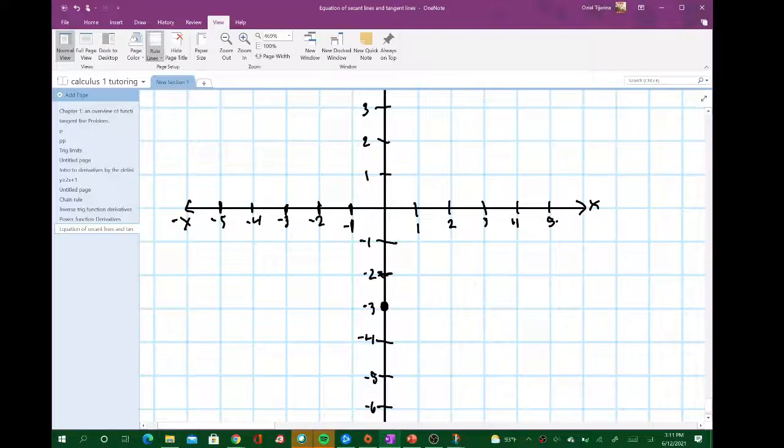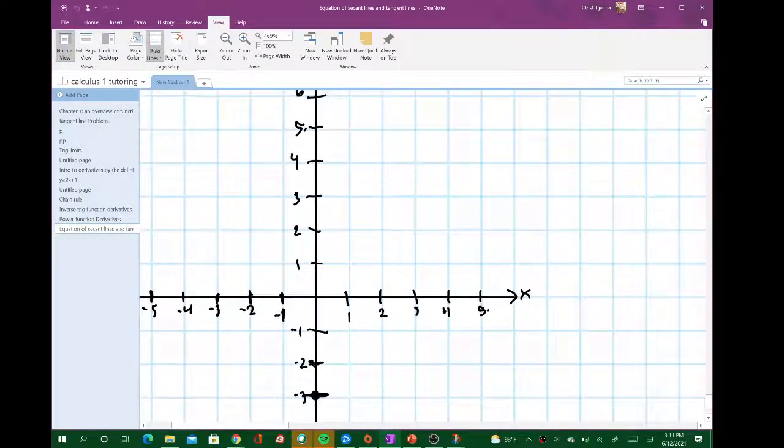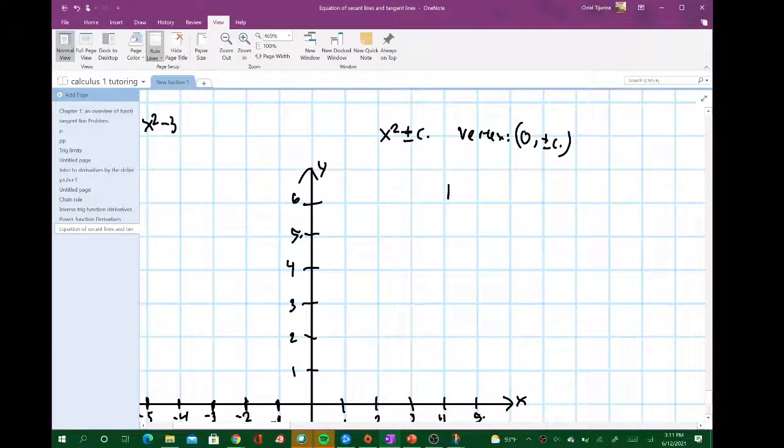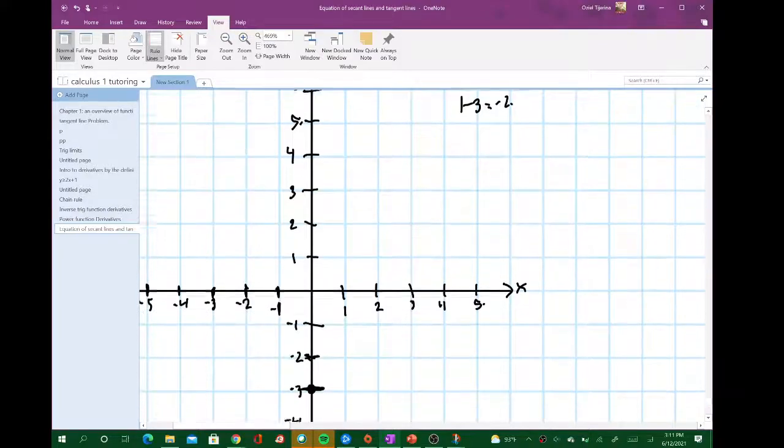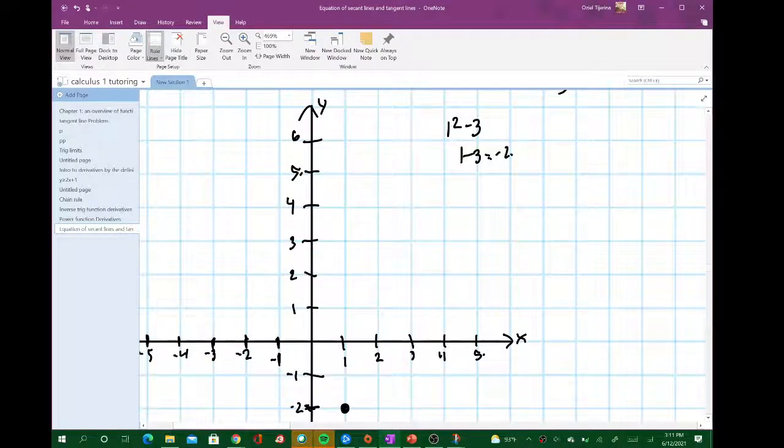Let's see. So, when we evaluate at x equals 1, 1 squared minus 3 is 1 minus 3, so it's negative 2. And if we evaluate at x equals 2, 2 squared minus 3 is really just 4 minus 3, which is 1.